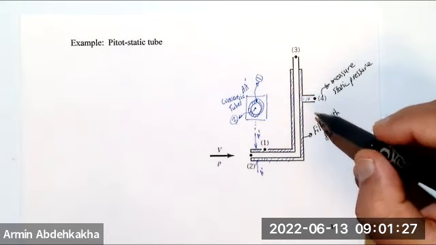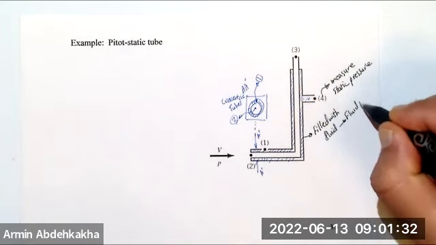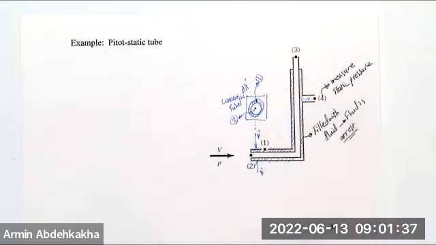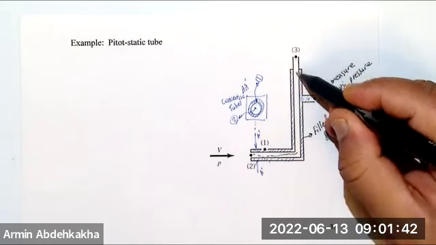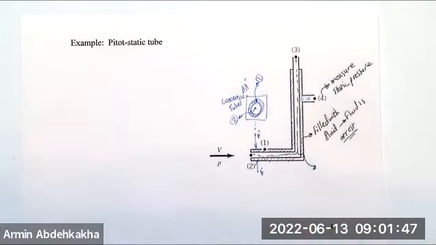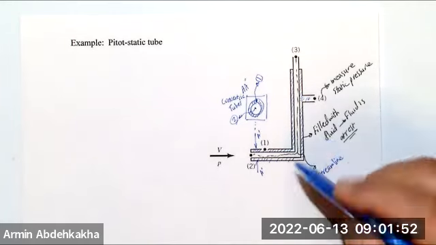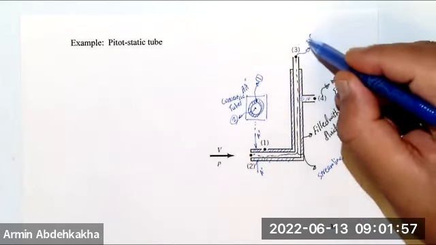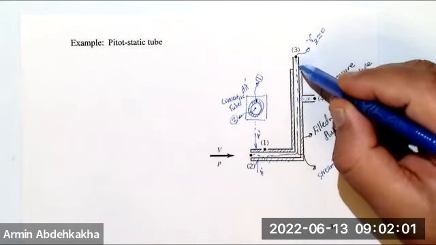Because here the fluid is at rest. But here you will have a streamline, and at point 3 the velocity is almost 0 because the flow comes up and stops here.